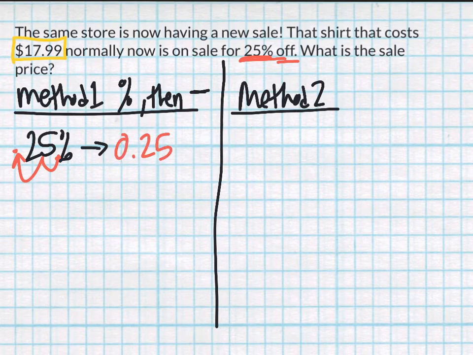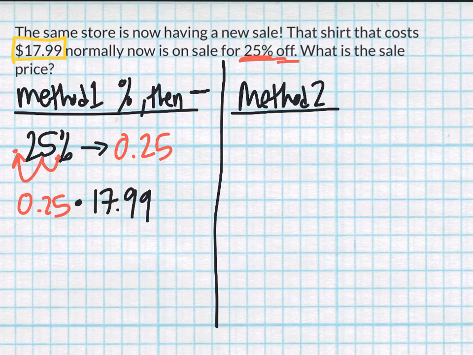So I want to know, what is 25% of 17.99? So I'm going to do 0.25 times $17.99. So that's how much we're taking off, right? So it's 25% off. So how much am I taking off? And then I can use that to find what is the sale price.